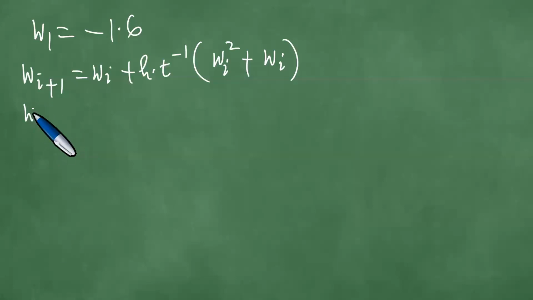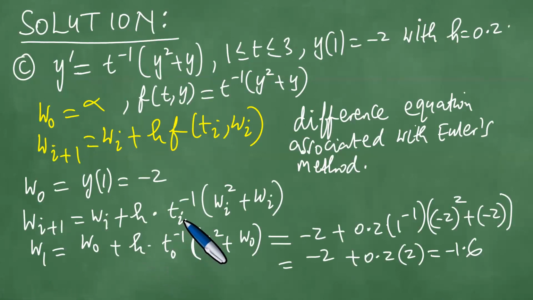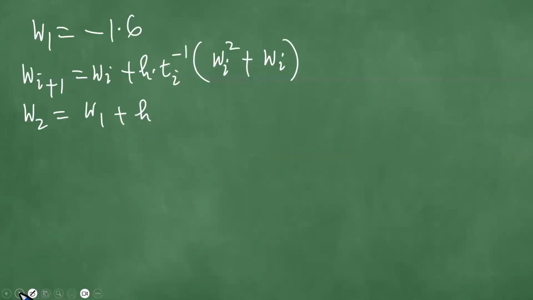All right, let's do W2. So it's going to be, when I is 1 here, H is fixed. So this is T_i, just note that. Because the T changes, it's going to be T1, W1.